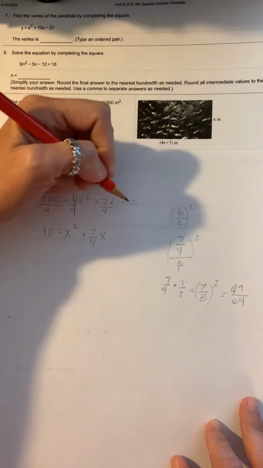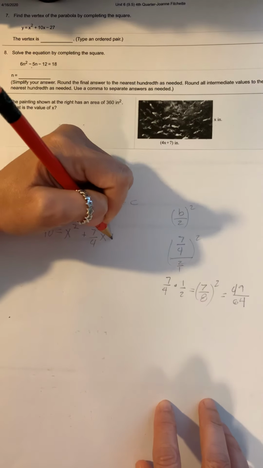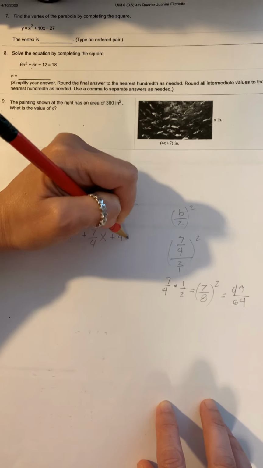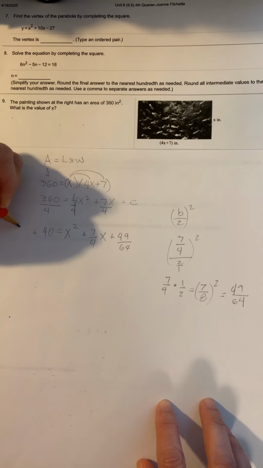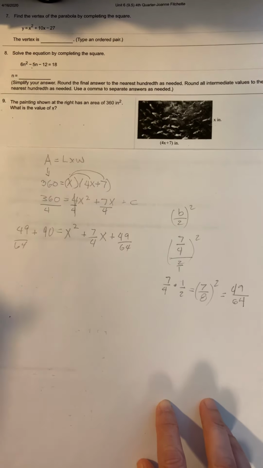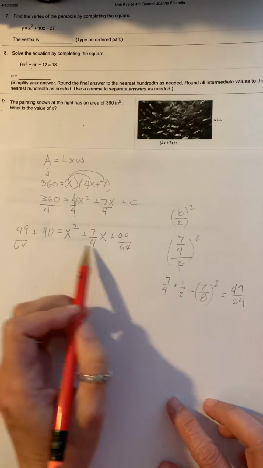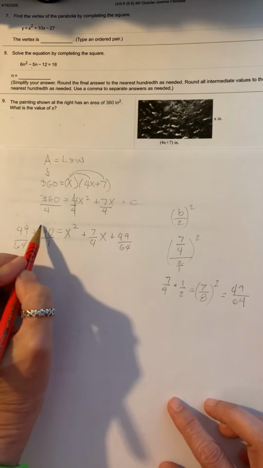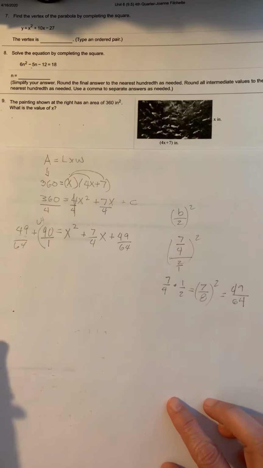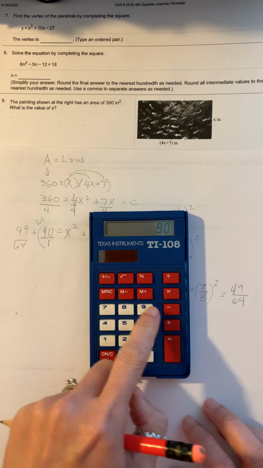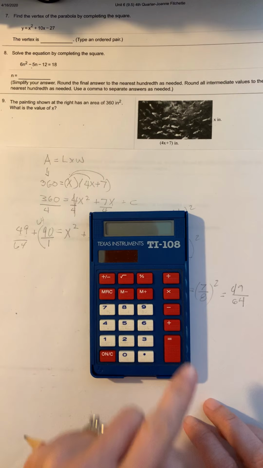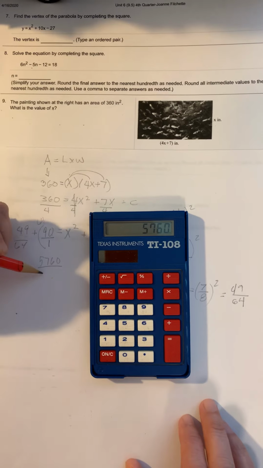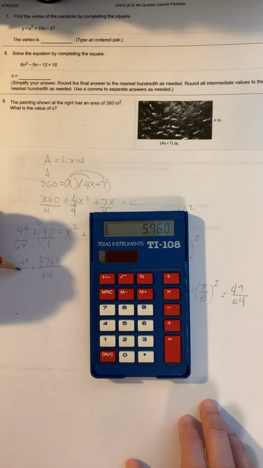So the next thing I'm going to do is I'm going to replace this because I already found what I was looking for. I'm going to add 49 over 64. Whatever I do on that side, I'm also going to do to the other side. Okay, so looking at our notes, we're still following our old video, but I can't add this because their denominators are not the same. So I'm going to multiply this side with 64. So 90 times 64, get 5,760 over 64 plus 49 over 64.